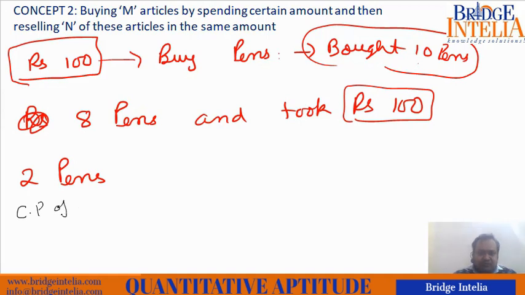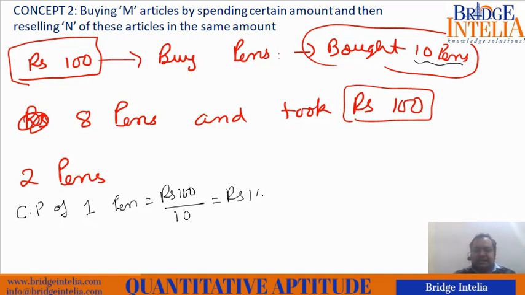Cost price of 1 pen: I have invested 100 rupees and in return I bought 10 pens. So cost price of 1 pen is equal to rupees 100 upon 10, so rupees 10. That means I paid 10 rupees to buy 1 pen.